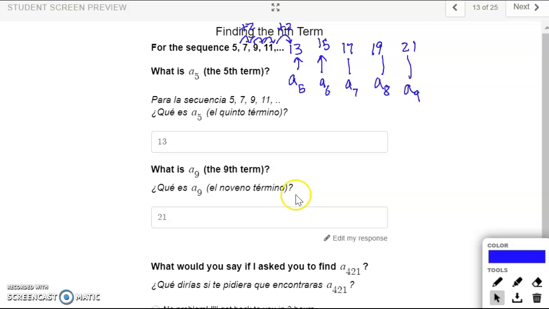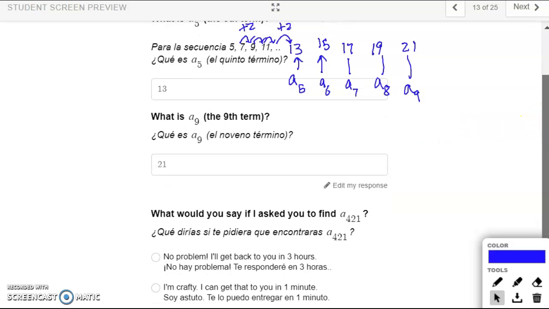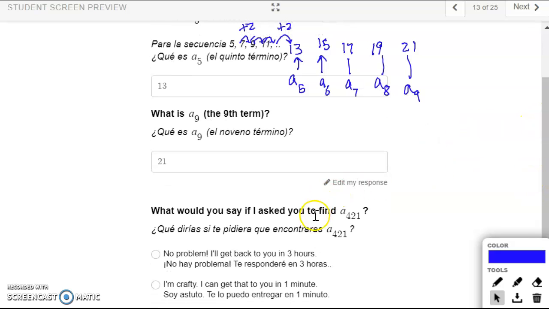And then it asks, what would you say if I asked you to find a sub 421? Are you going to keep finding it until the 421st term? You can click on any of them. No problem, I'll get back to you in 3 hours because that's going to take a while.